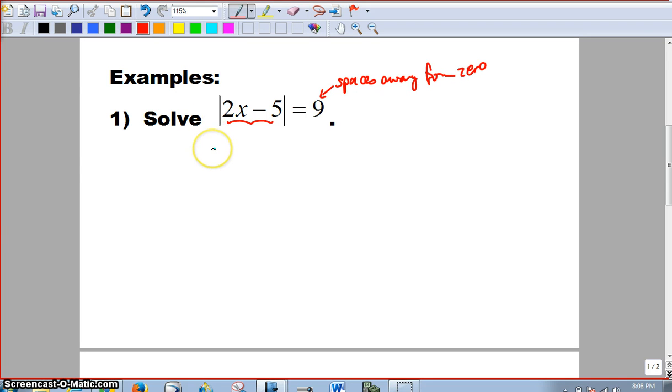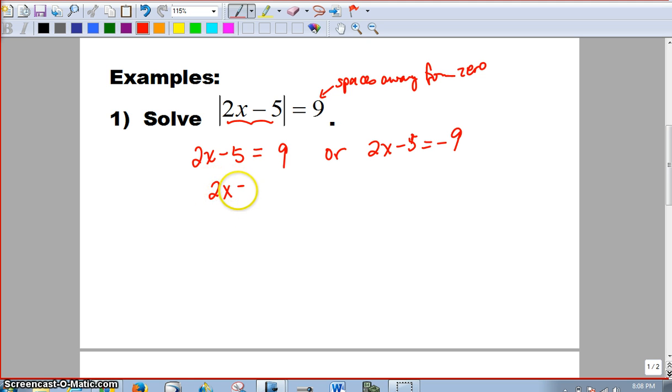So we write two equations. We say that 2x minus 5 has to be equal to 9, or 2x minus 5 has to be equal to negative 9. Now, we always write two equations with absolute value equations, because how many ways can we be 9 spaces away from 0? Two ways. We go from the right or the left, so 9 or negative 9.